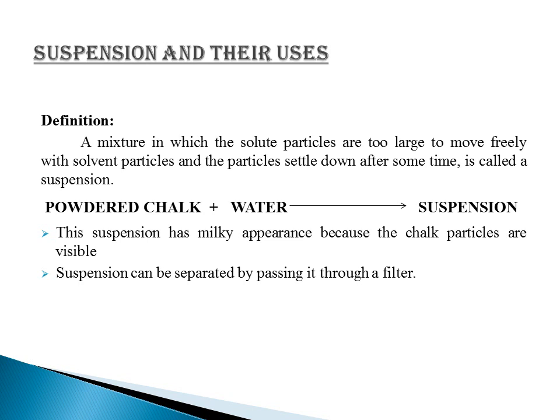When powdered chalk and water are mixed, a suspension is produced. The chalk spreads evenly through the water. When you stop shaking, the chalk settles down. This suspension has a milky appearance because the chalk particles are visible. Suspensions can be separated by passing them through a filter.